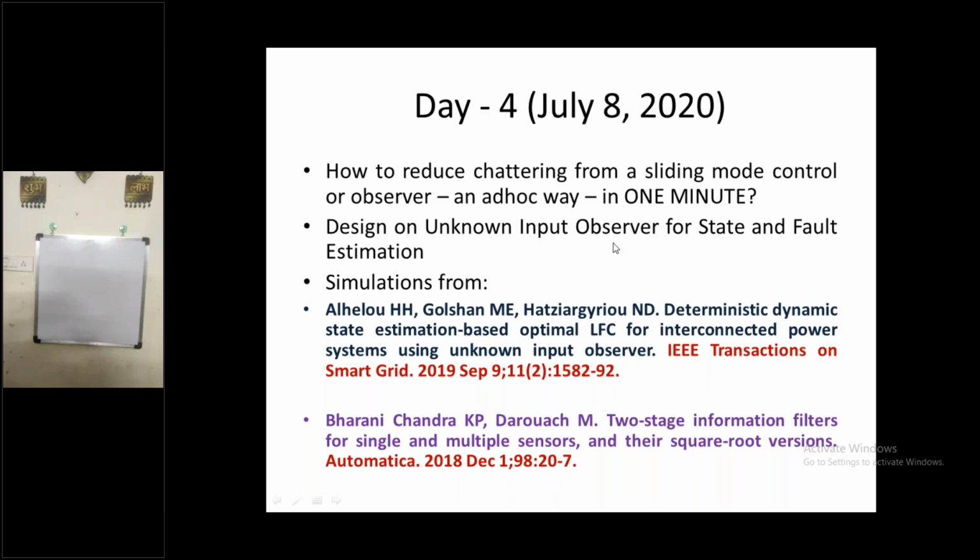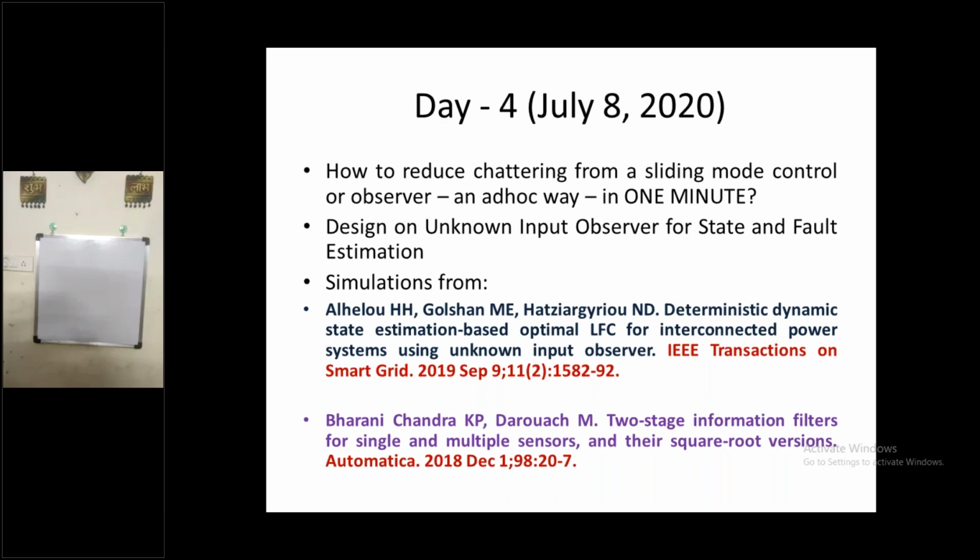next we used the unknown input observer for state and fault estimation. Till now, what we discussed was about the states themselves, but this unknown input observer tries to reject the unknown inputs. If the input or the disturbance is unknown to you, then how to estimate the states in such a way that your disturbance does not affect the state estimate?